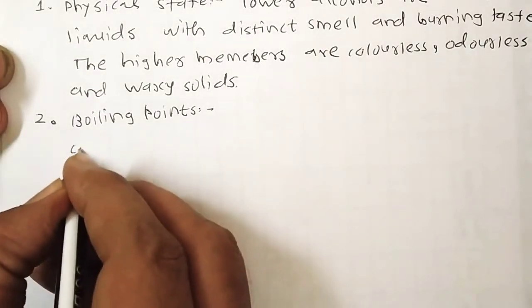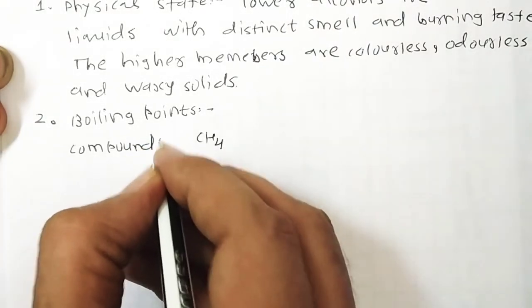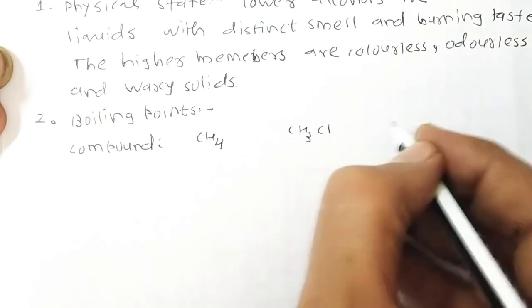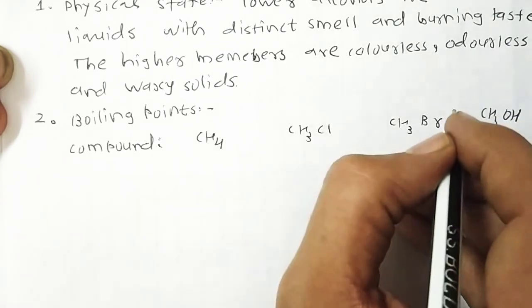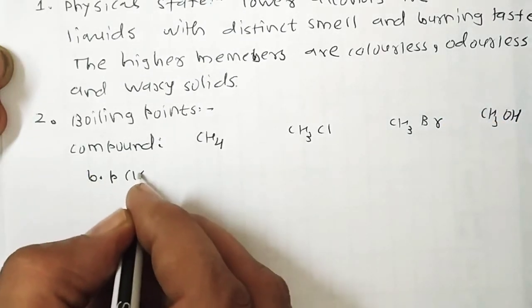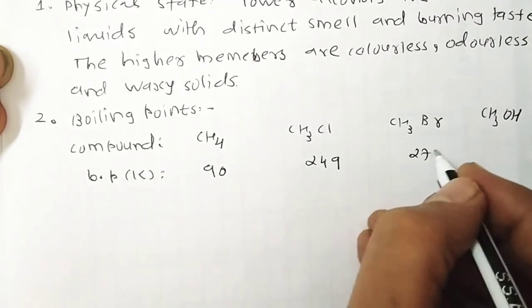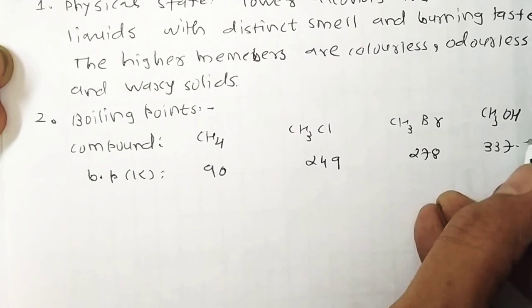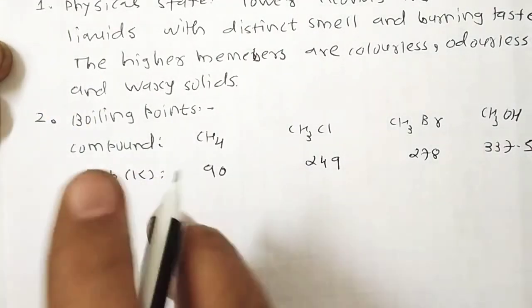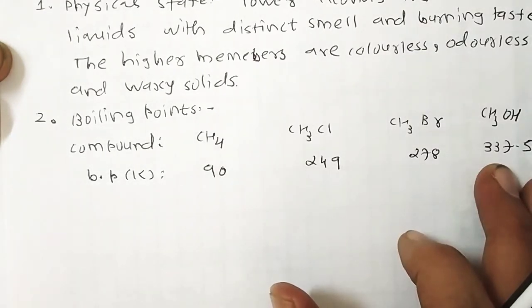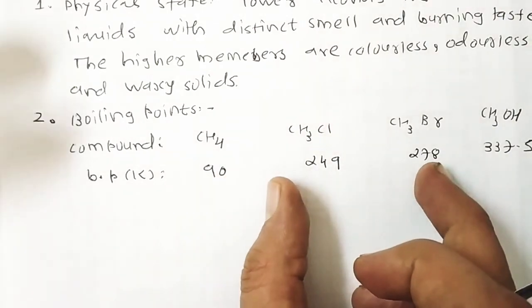For example, if I take methane, then methyl chloride, then methyl bromide and methanol, the boiling point in Kelvin is near about 90, 249, 278 and 337.5. So what you observe is that the boiling points of alcohols are much higher than the corresponding hydrocarbons as well as alkyl halides. Why?